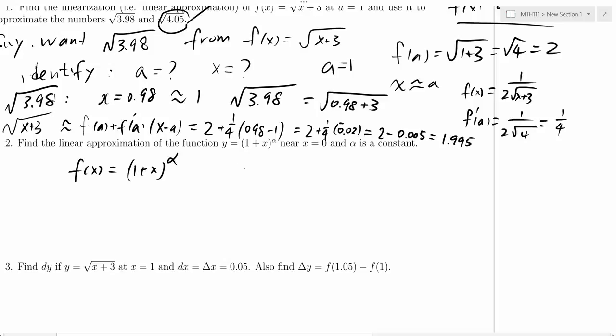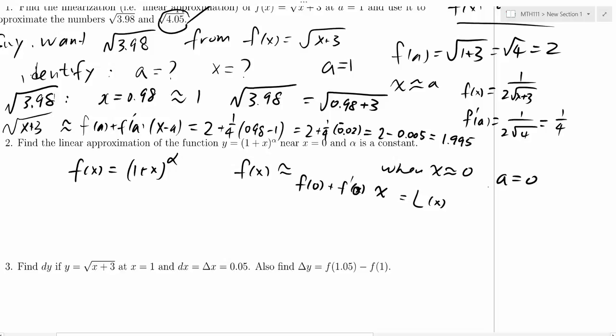We want to find what f of x is approximately when x is approximately 0. So our a is equal to 0. That means f of x is approximately f of 0 plus f prime of 0 times x minus 0, which is simply x. That's the linear approximation formula we are finding.